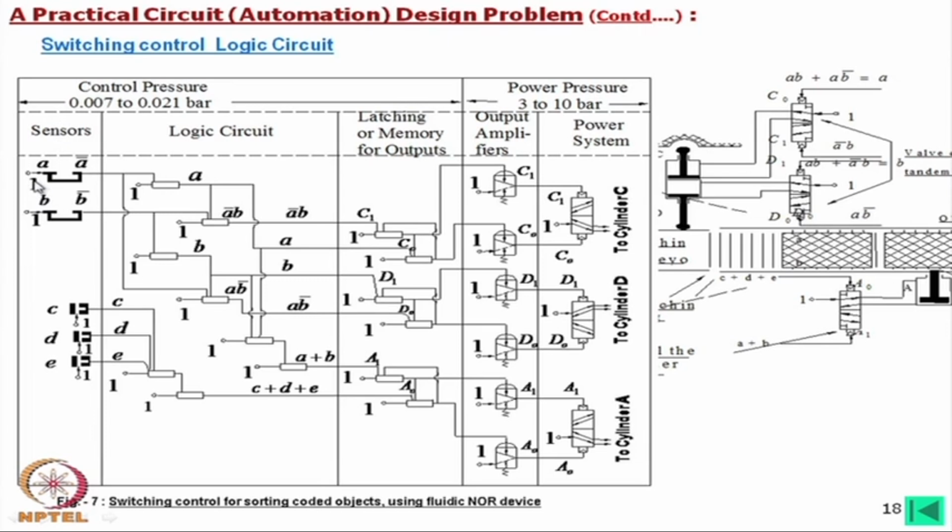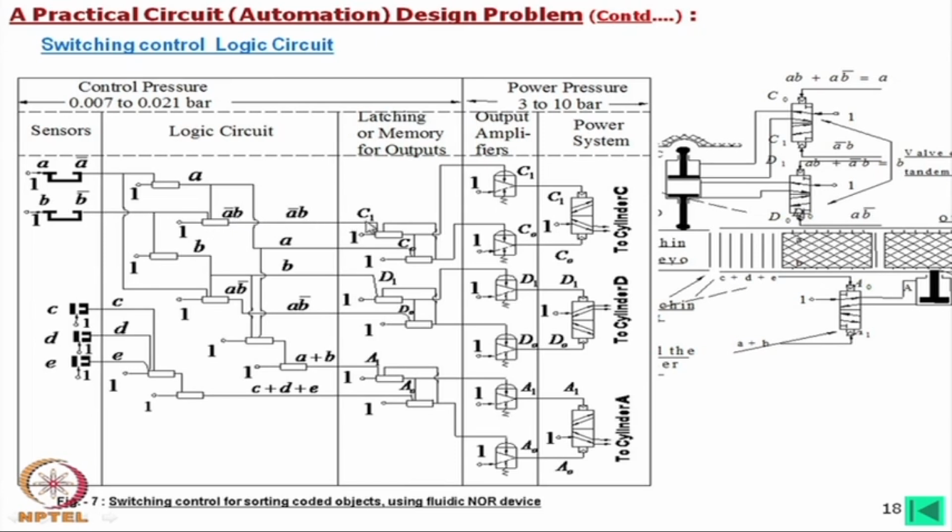In this sensor, this input will go through this, and then these are the logic circuits. In that logic circuit, there is one input and the output is A. Then this is B. Now, here A is coming over here and we are getting A bar B through this output.